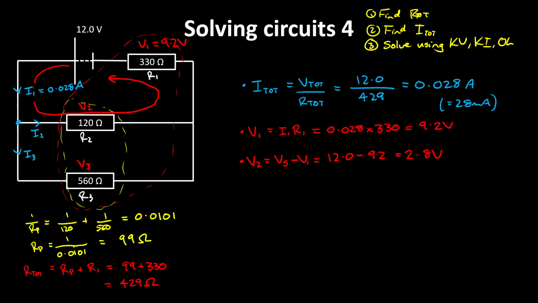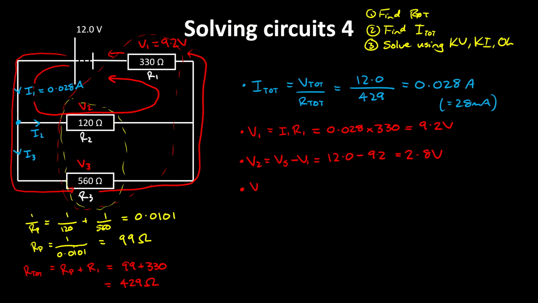Now, we could do the same thing around the outside loop. But look, if we go around the outside, we've got exactly the same argument: a 12 volt supply, we've got V3, and we've got V1. You end up with exactly the same thing. But the other way of looking at it is that V2 and V3 are in parallel.